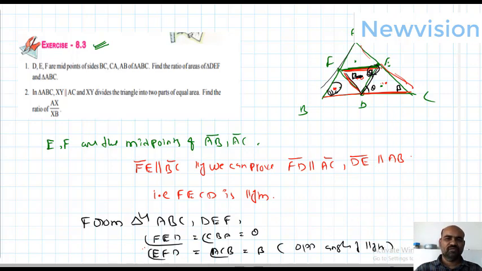Observe, theta beta, theta beta. Two angles of the smaller triangle are equal to two angles of the bigger triangle. They are similar from AA similarity. Therefore, triangle DEF is similar to triangle ABC from AA similarity.